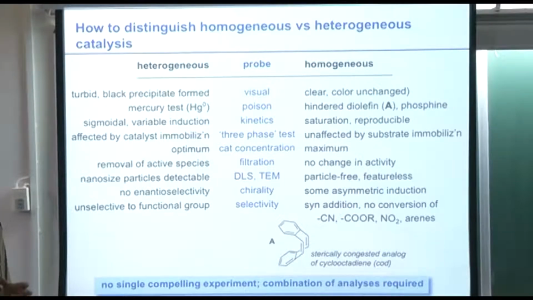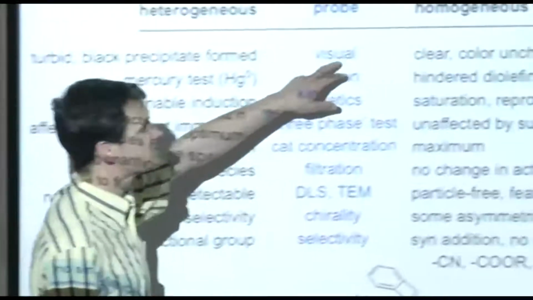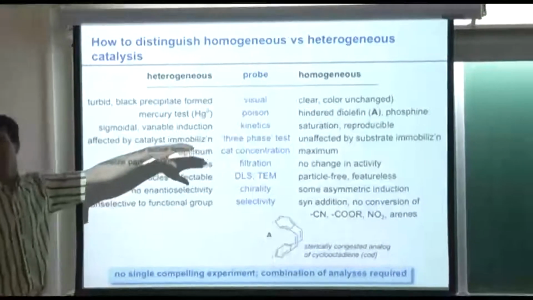Nanoparticles, 2 to 5 to 10 nanometers, are invisible by the eye, they don't sediment, they don't precipitate, so they're like a large macromolecule in your solution. Totally homogeneous for the eye, not homogeneous for spectroscopy. So visual can be very misleading, can be a first hint.